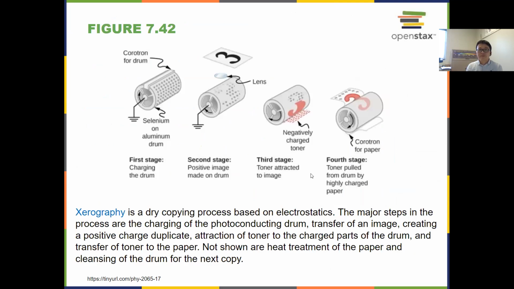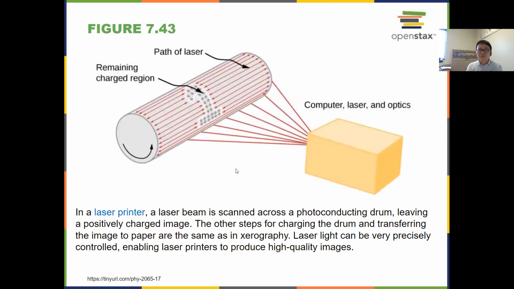Electrostatics is also used in Xerox machines, so that's how they are charged, and then toner can be deposited onto the paper to create the images. Laser printing is the same thing.